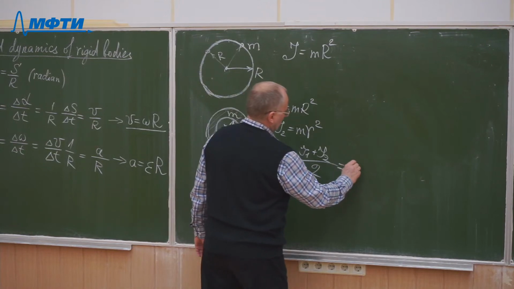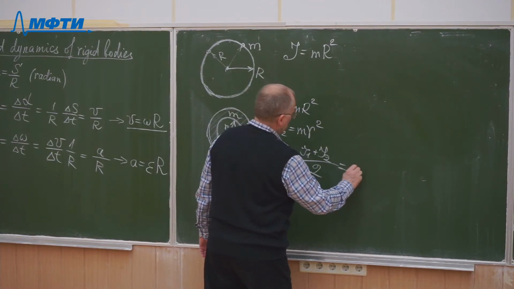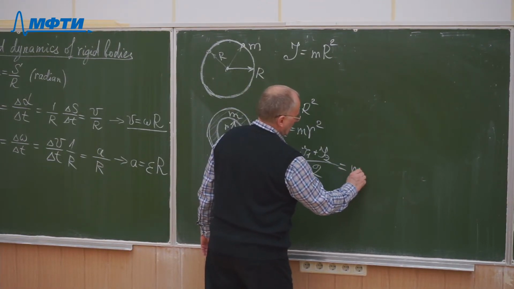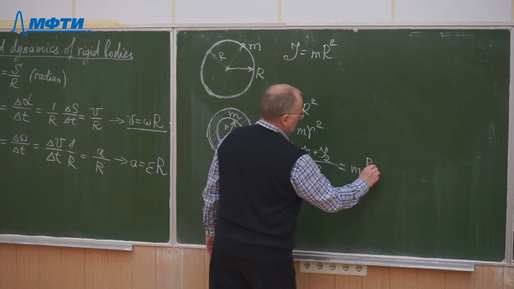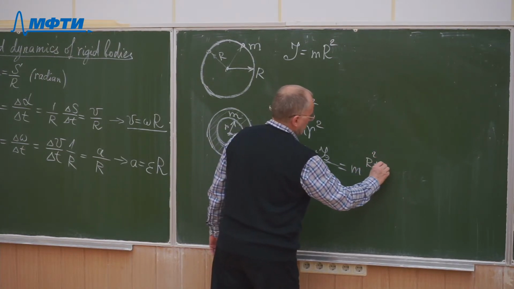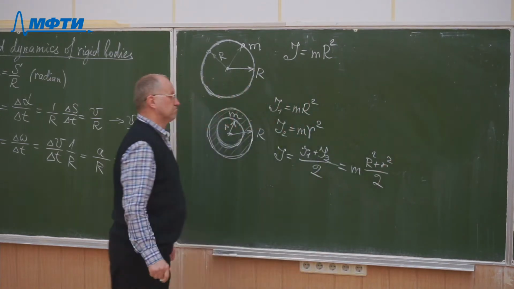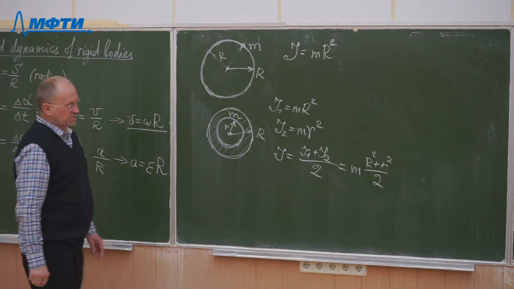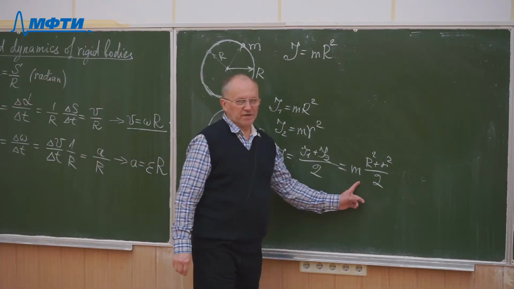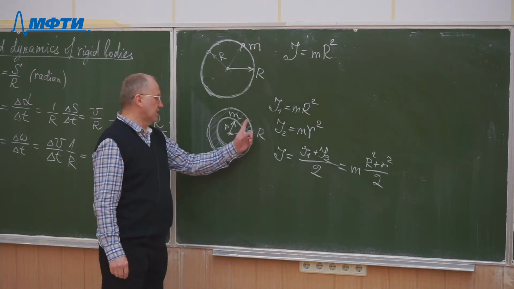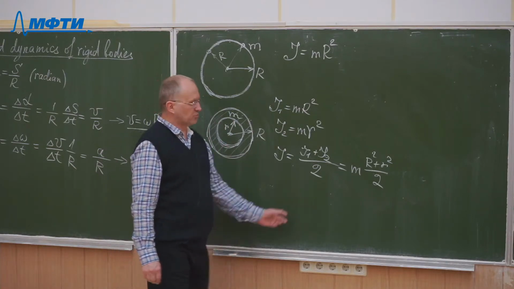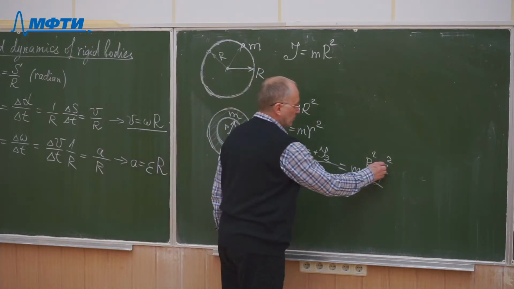So maybe we can expect it to be m times (capital R squared plus lowercase r squared) over 2. This formula turns out to be correct because if you derive it accurately, you will obtain this formula.